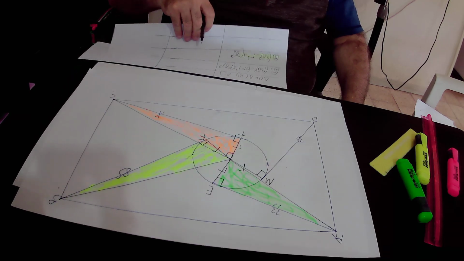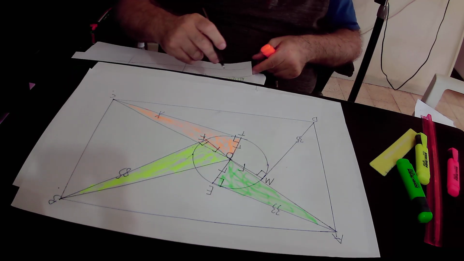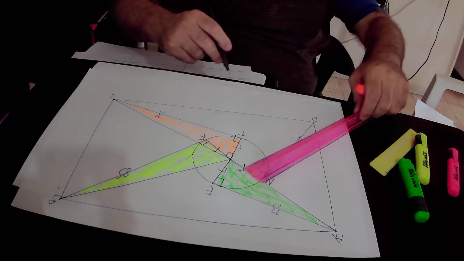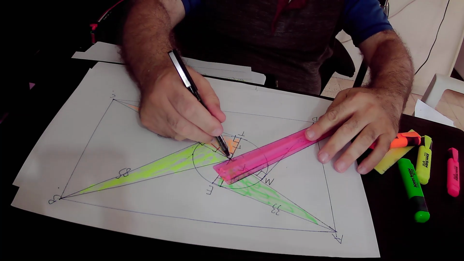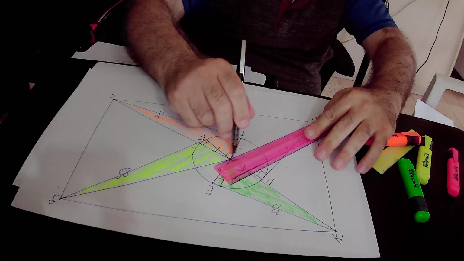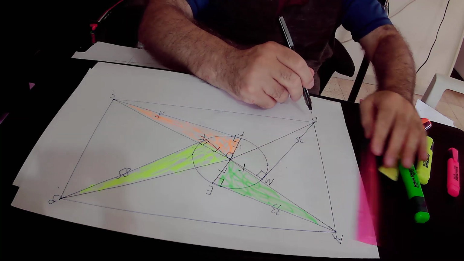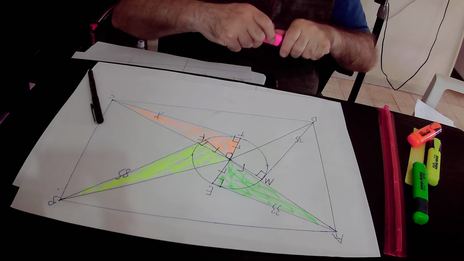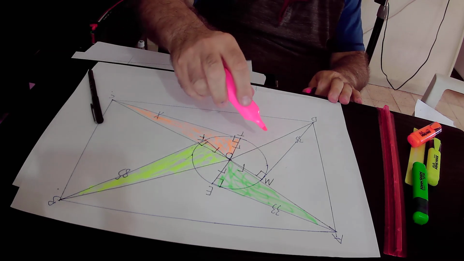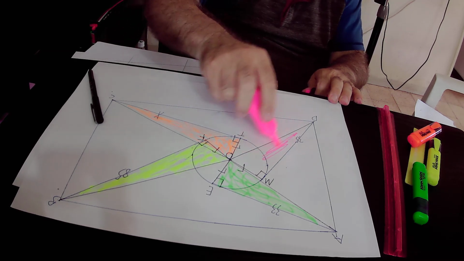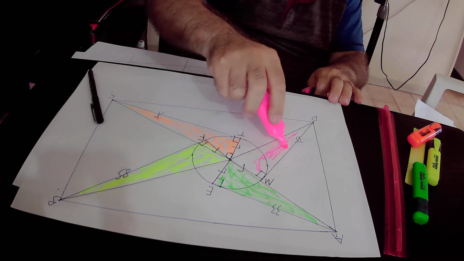And finally, we join points D and O together by a straight line. So in this way we created the orange and the pink right triangle MOD.